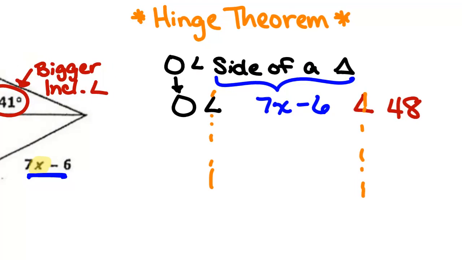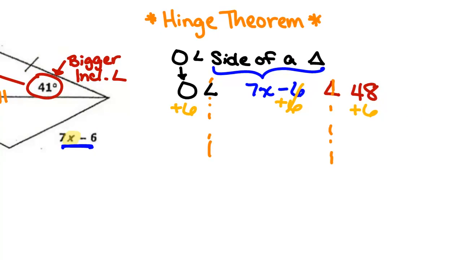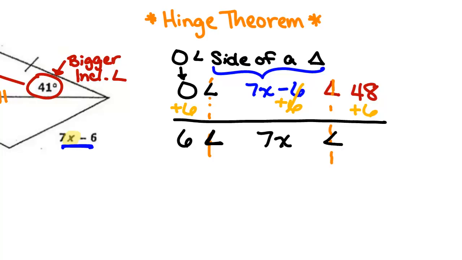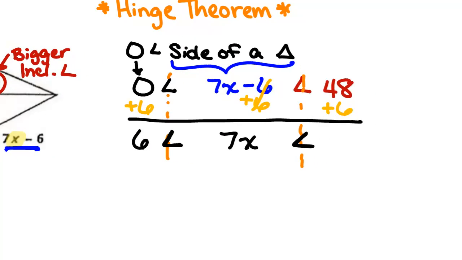What do I do first to solve this for x? Add 6. We're going to add 6 everywhere we can on all the sides. Cancels out in the center. So I have 6 is less than 7x is less than, what's 48 plus 6? 54, thank you.